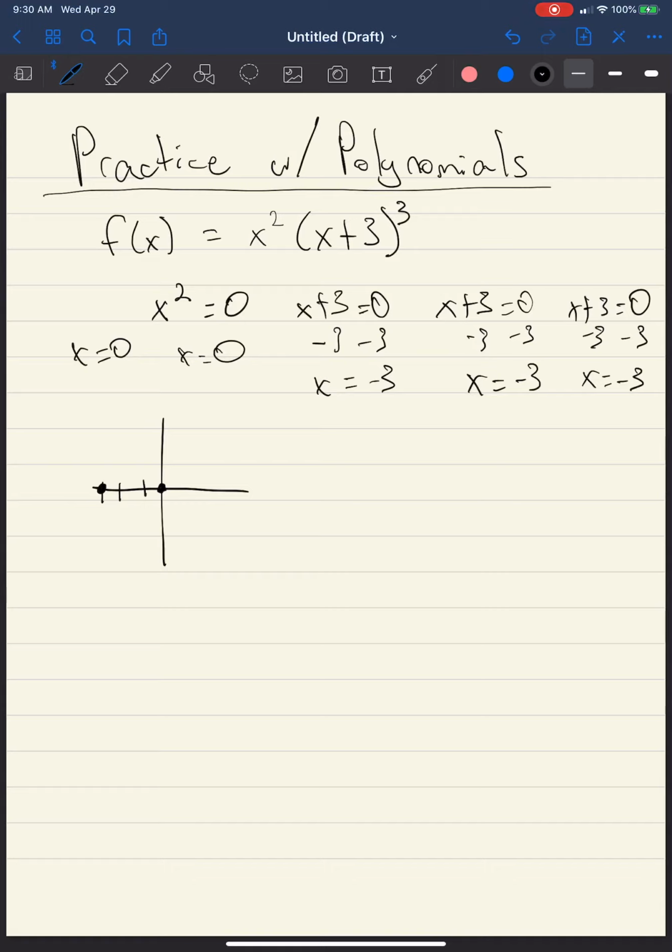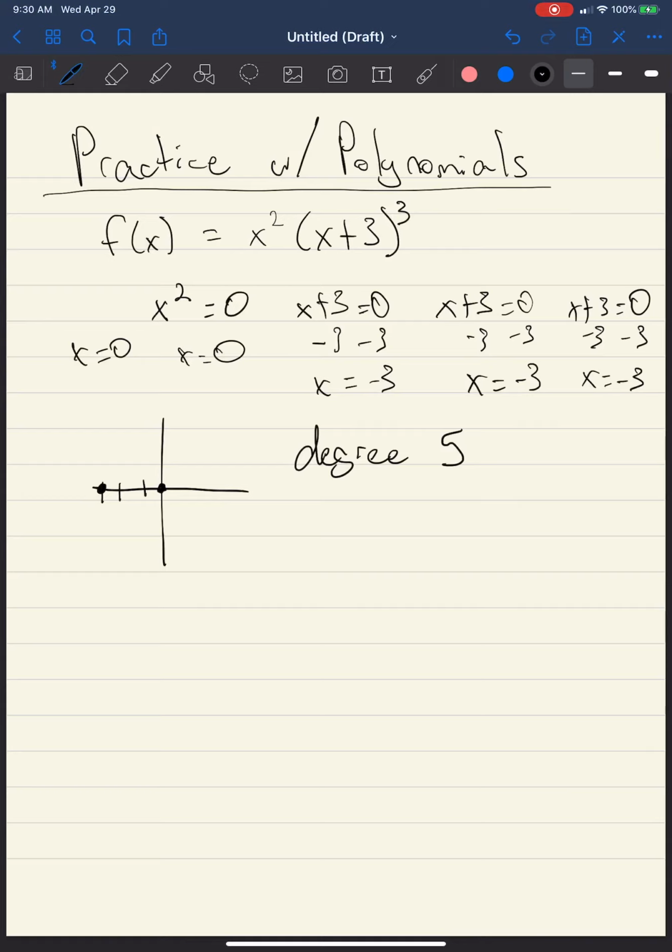I have an x squared here, and then an x plus 3, an x plus 3, and an x plus 3. Since these are all multiplying, we can do x squared times x times x times x, which is x to the 1, 2, 3, 4, 5. So my degree is 5.